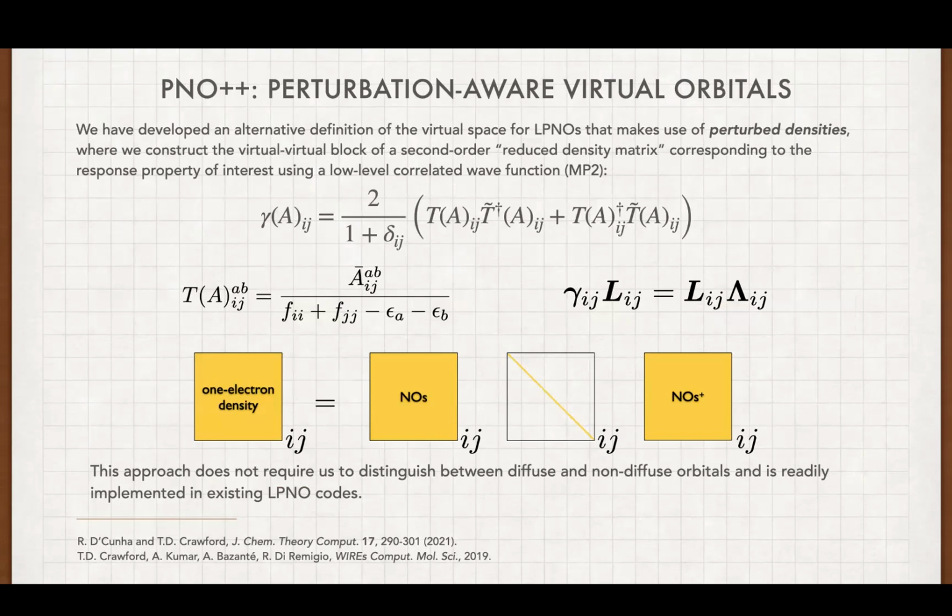So they're in fact first-order derivatives of the density with respect to external fields. And the idea is simply to get improved choices of the virtual space so that you can still use exactly the same kind of LPNO framework that has been so successful for ground state energetics, for example.